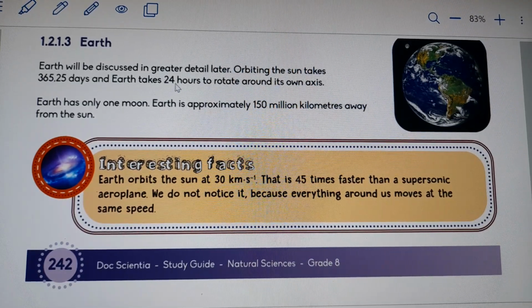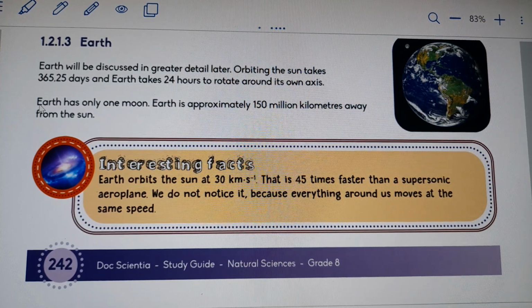And the Earth takes 24 hours to rotate around its own axis. This is what we call a day. So rotation around the axis is a day, and rotating around the sun is a year for us.